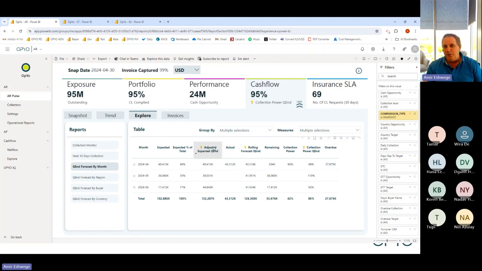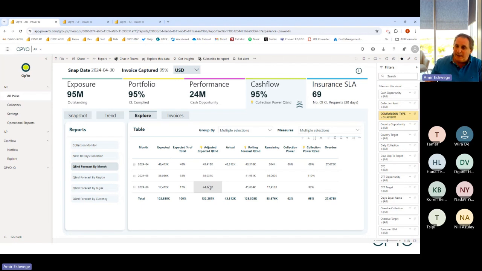The first thing we need to do is adjust the expected QN. That means we need to assume how many invoices we'll have open by the end of the period when we look into the future. So we understand that these 17 million will end up being 44 by the end of the period.